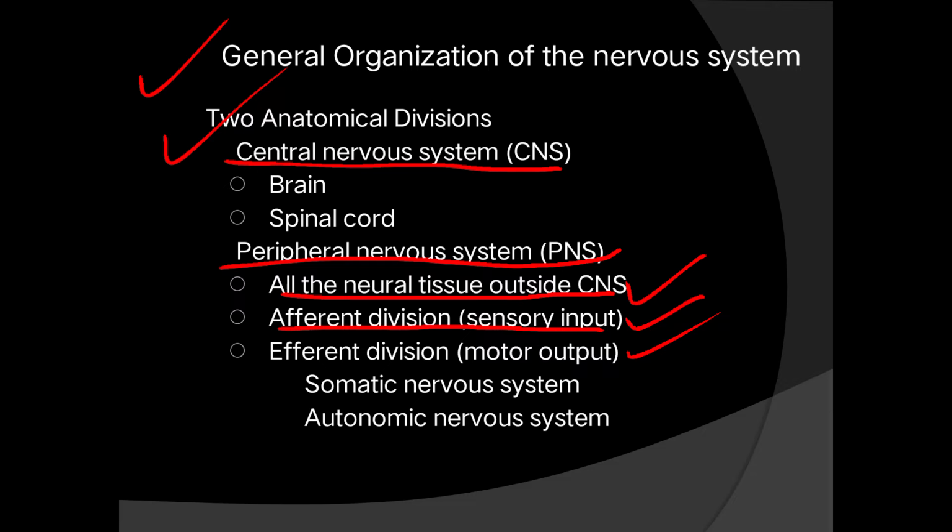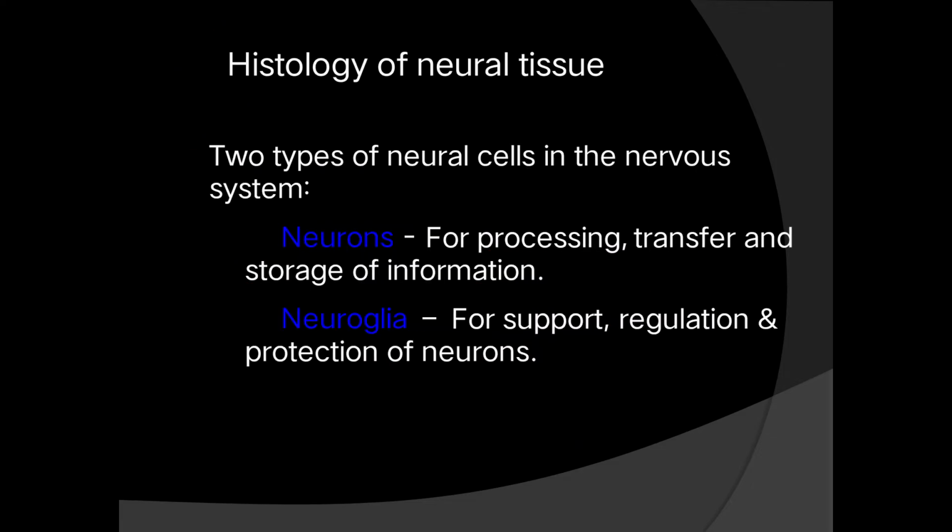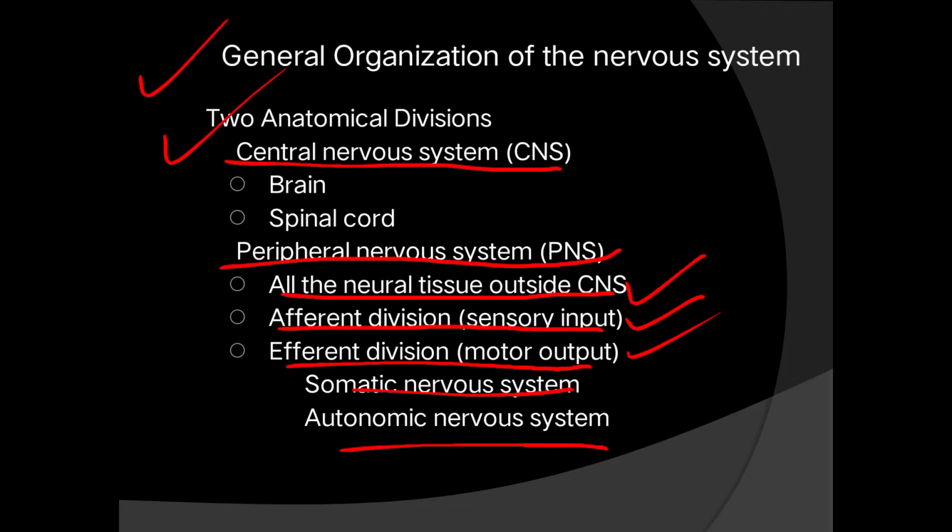After analysis, animals have to respond accordingly, and the motor output division will respond. Then the somatic nervous system and the autonomic nervous system are the two parts. We will see them in detail, because somatic means the body is responding at our wish, and autonomic means the internal organs are responding on their own.